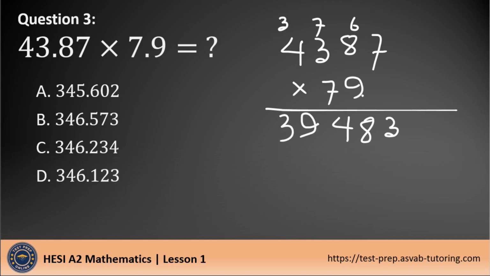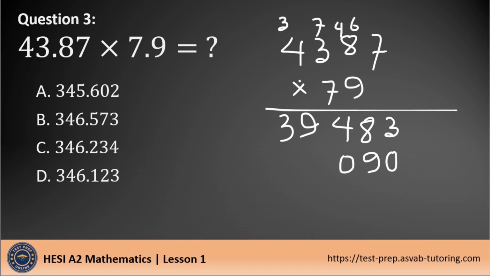Now we need to skip one digit for the next number, so we will put down 0 from the right side. Now come to 7 times 7 equals 49. Here 9 comes, 4 is a carry for the next digit. 7 times 8 equals 56 plus 4 equals 60.